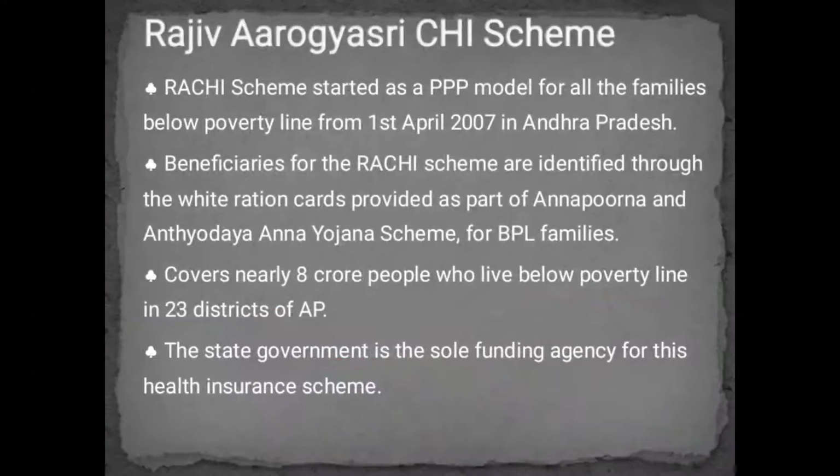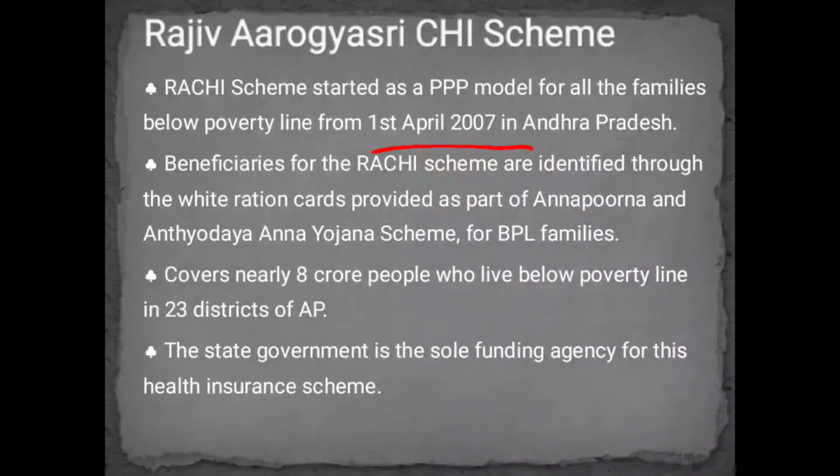Next scheme we have is the Rajiv Arogya Shri Community Health Insurance Scheme. This scheme started as the private public model. So it is a combined model, private public management, for all the families below poverty line from 1st April 2007 in Andhra Pradesh.